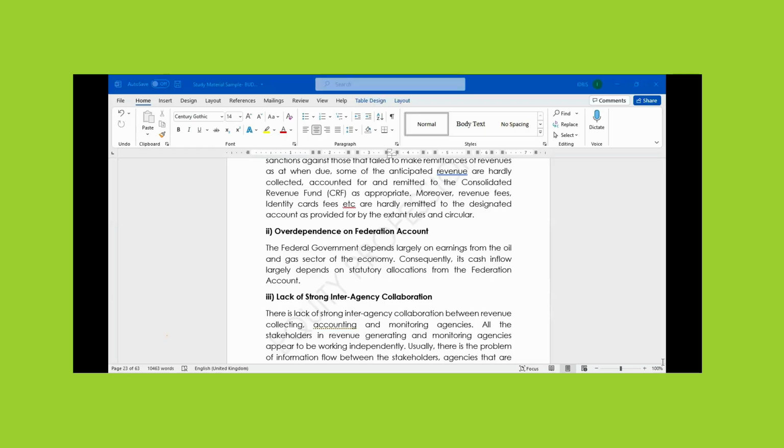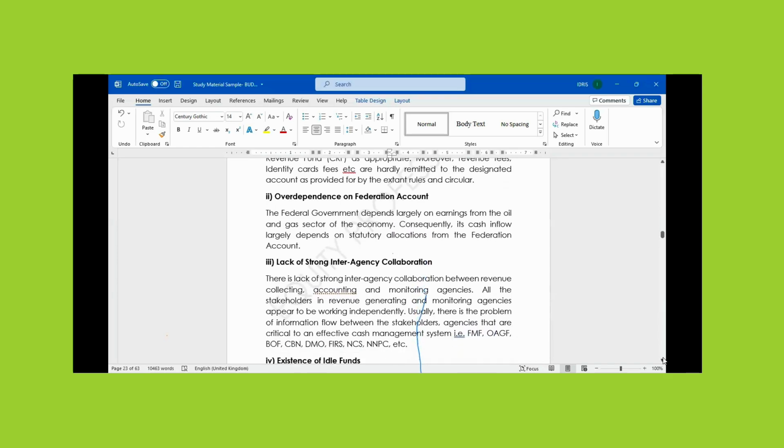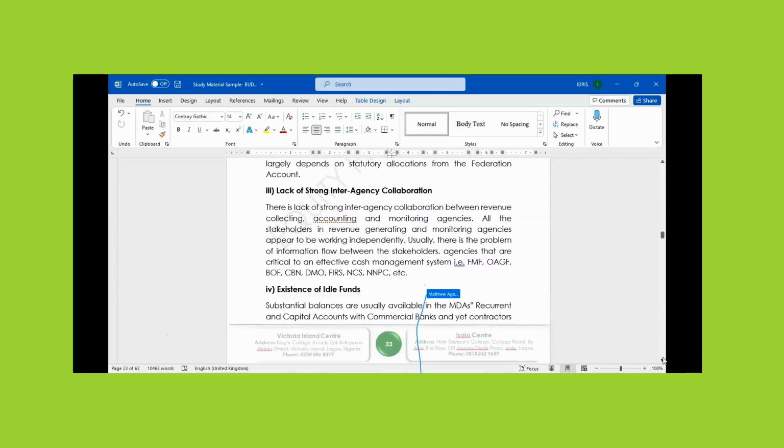Another weakness in Nigeria is lack of intergovernment collaboration. There is no good collaboration between intergovernment agencies: no collaboration between the Federal Ministry of Finance, the Accountant General of the Federation, the CBN, and the Debt Management Office.